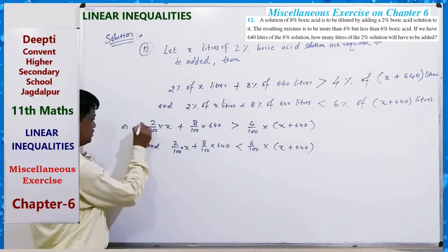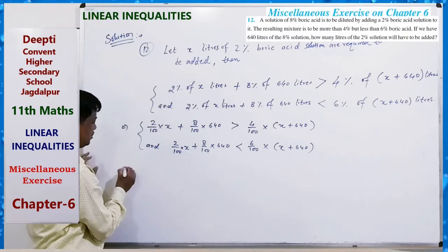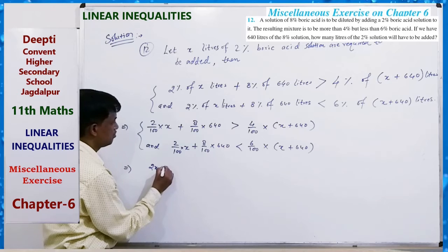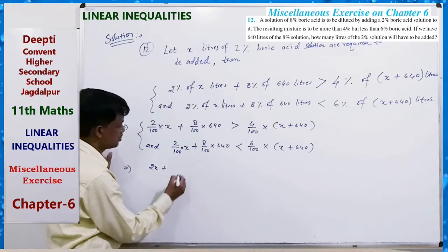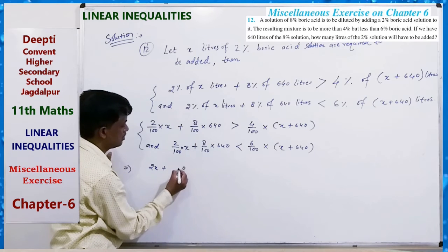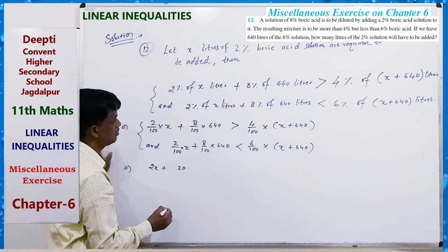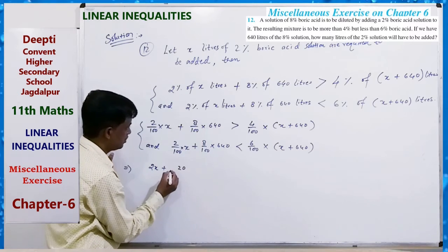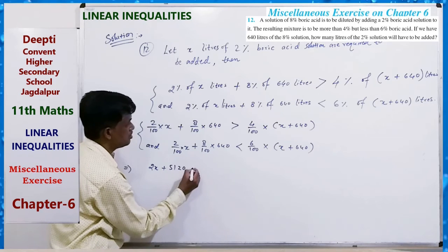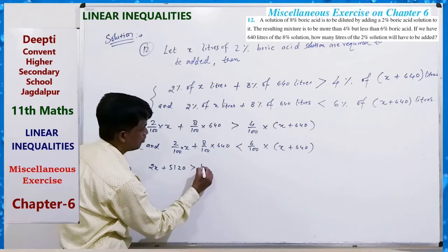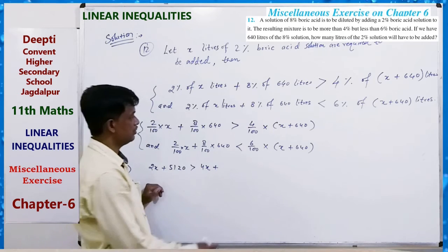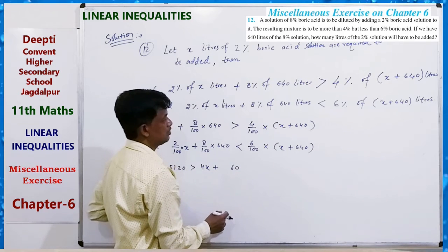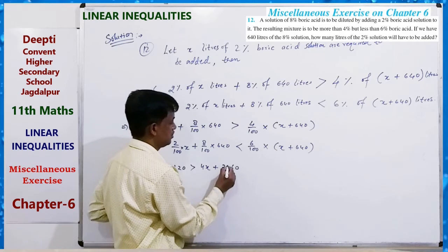This implies, multiplying by 100, we can write 2x plus 8 into 640, which is 5120, is greater than 4x plus 4 into 640.